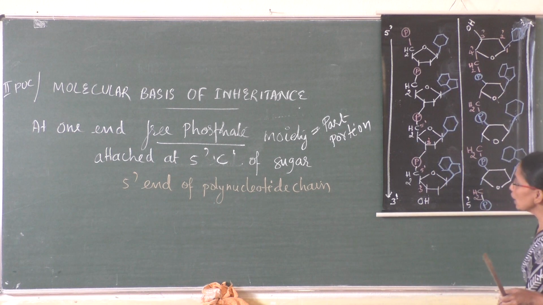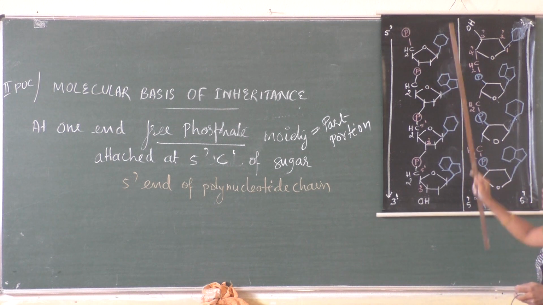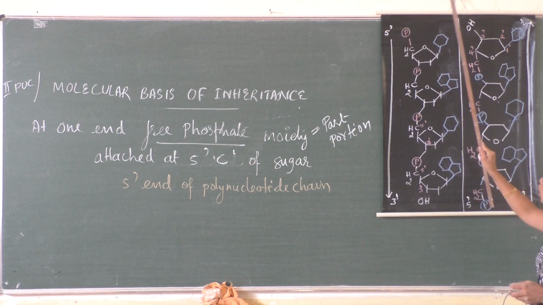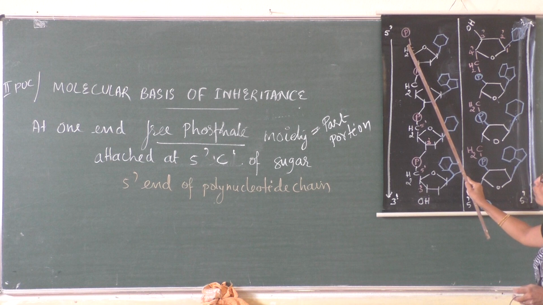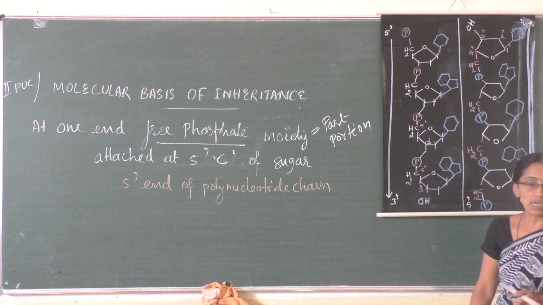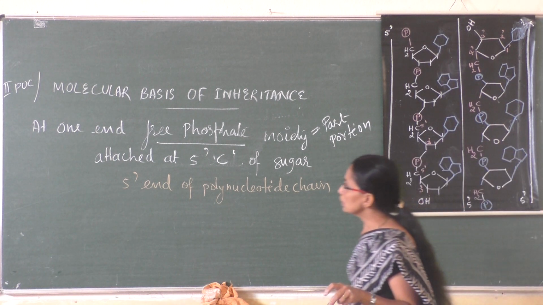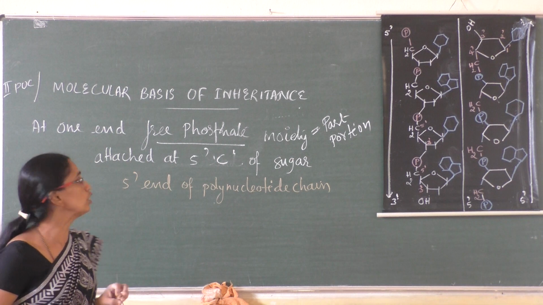So a chain can be expressed by two ends. A chain is always expressed by two ends. So this end is always fifth prime. Why? This carbon is the fifth prime carbon of this deoxyribose sugar. Yes, the polynucleotide chain has two ends.